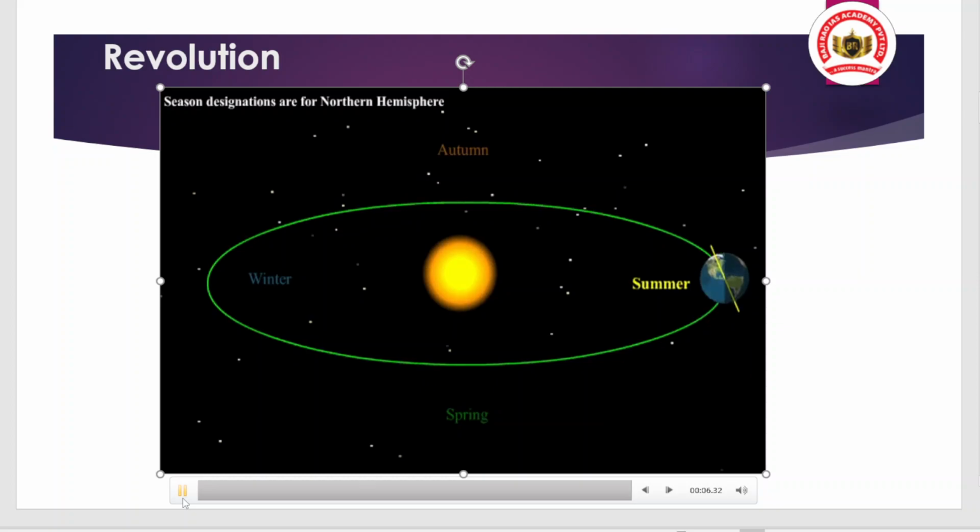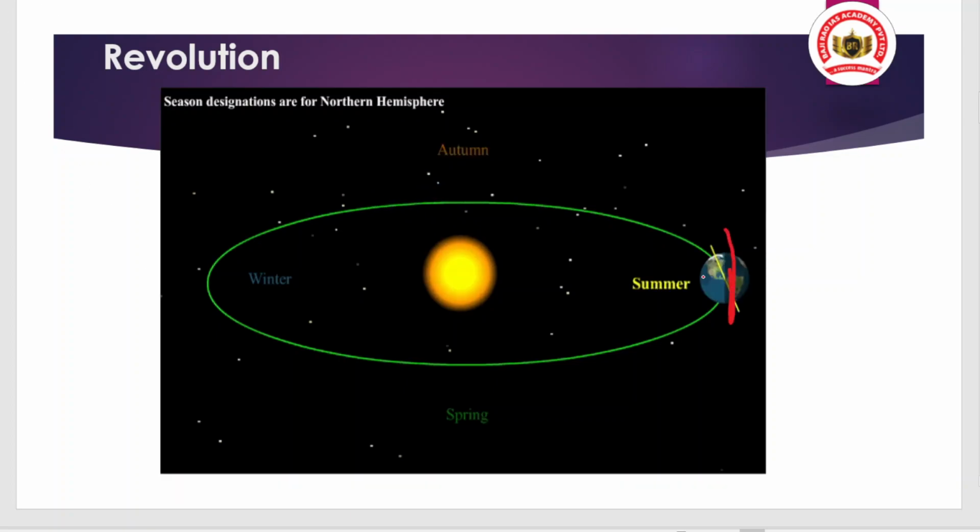And that's why you can understand that in the summer season we have the highest sunlight in the northern hemisphere as compared to the southern hemisphere, and also we face winter and summer. You can see here that this side is the brighter side of the Earth, when the Earth is facing the Sun.